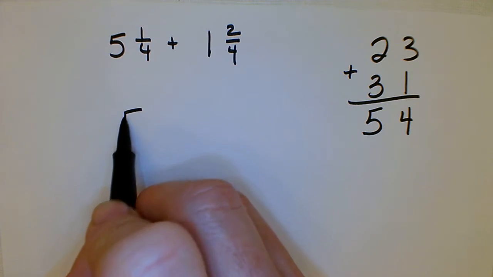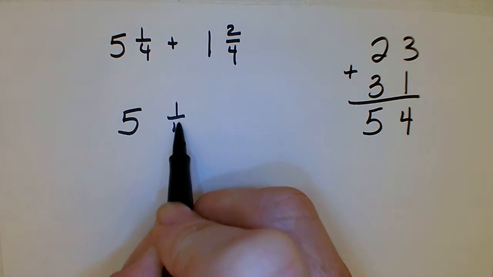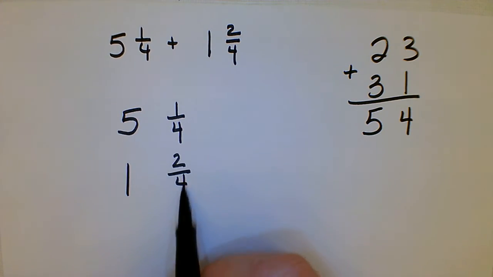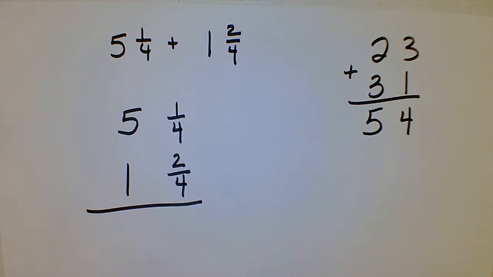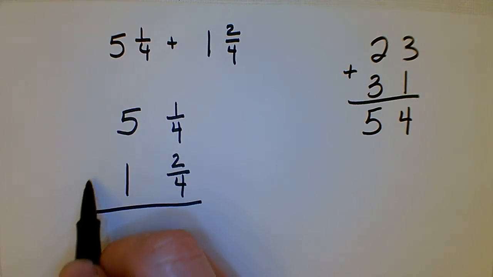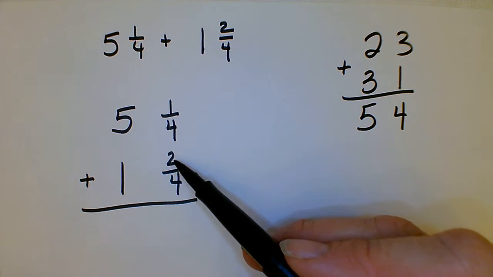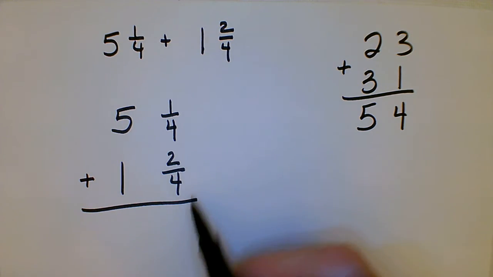So I could do 5 and 1/4 and add 1 and 2/4. Now I'm kind of getting a little ahead of ourselves, but for some people this just really works. And so I want to give this to you as a way of working with this. So now what we can do is add our 4ths. So we have 1/4 and 2/4, and that gives us 3/4.